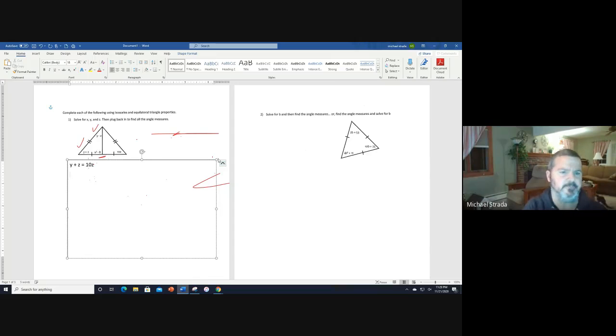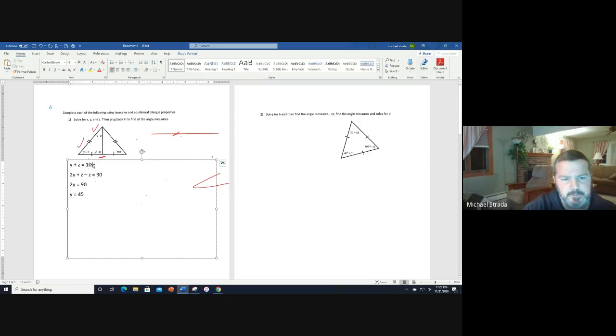So my second system, sorry about that, is y plus y, which is 2y plus z minus z equals 90. And then you will notice the z's are going to cancel out. 2y equals 90, y equals 45. Okay.